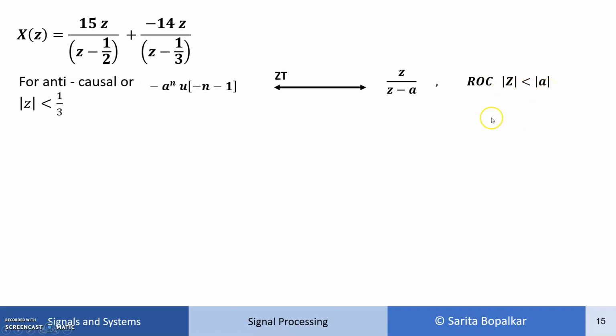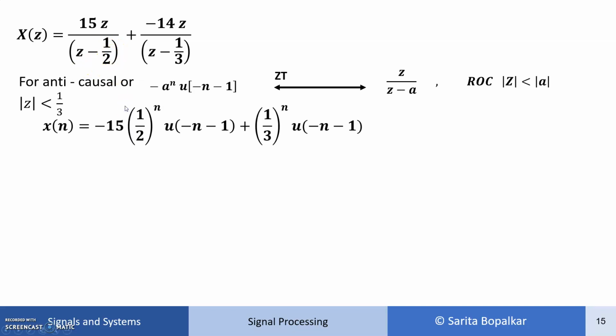In the previous case, for Z upon Z minus a, when we take the inverse as a raised to n u of n, ROC is mod Z greater than a. Here ROC is less than a. So for Z upon Z minus 1 half, a is here 1 half. So for the inverse, we take minus 1 by 4 as it is, minus a raised to n u of minus n minus 1.